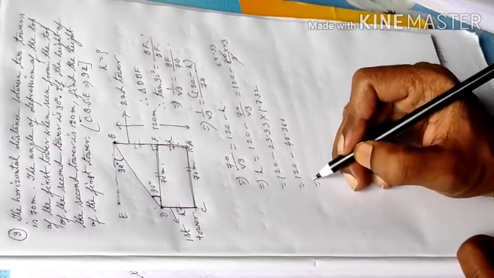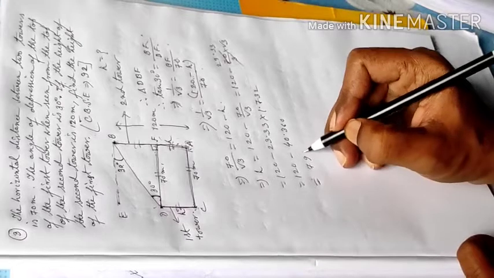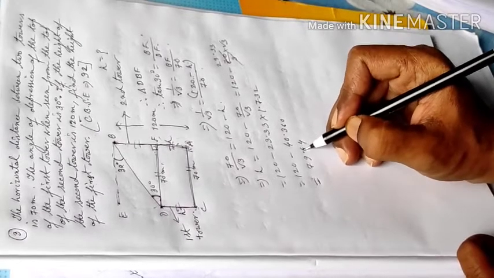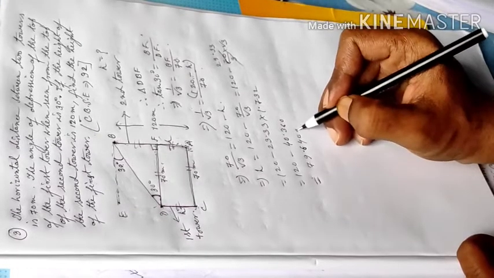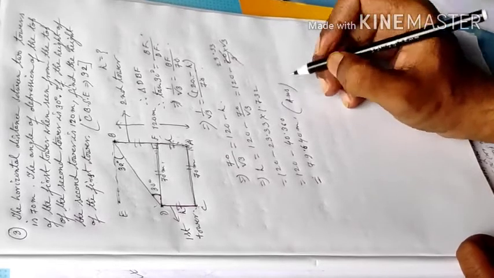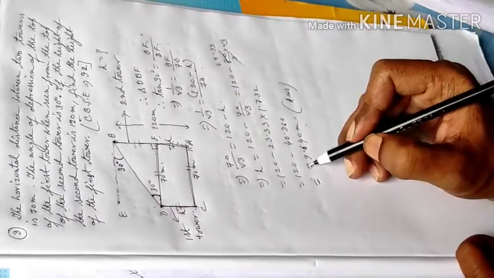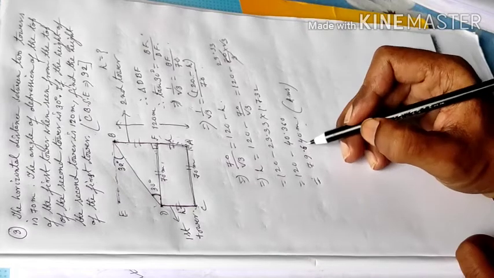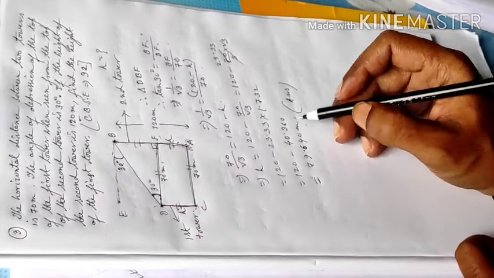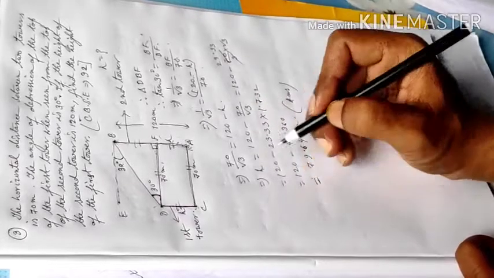Subtract it, and it is 79.640 meters. This will be the answer. So the height of the first tower is 79.64 meters. This is the height of the tower, that is h.